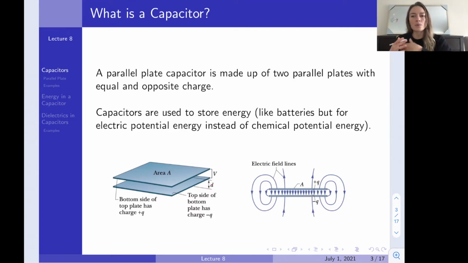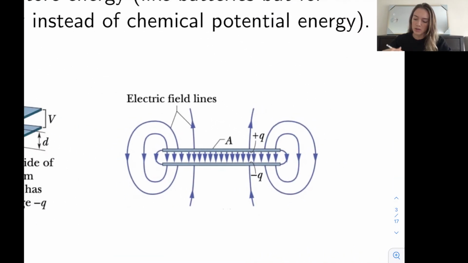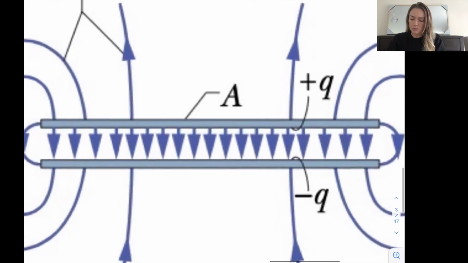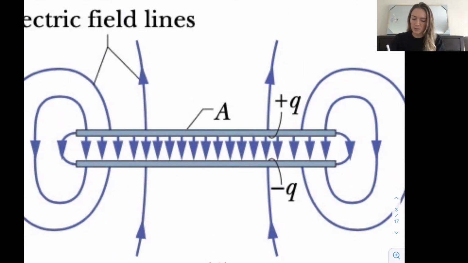And now when we're doing problems, we're assuming that it's infinite so that we can have a nice symmetric electric field in between. Obviously, we can't really have infinite plates with a perfect electric field. So when you're using a physical capacitor, right in between the two plates, this looks almost perfect. This is pretty much exactly what we've been doing, where you have a perfectly uniform electric field right in the center here.